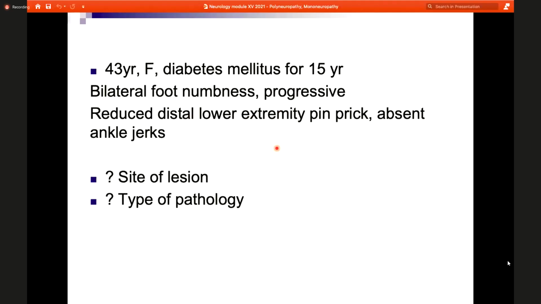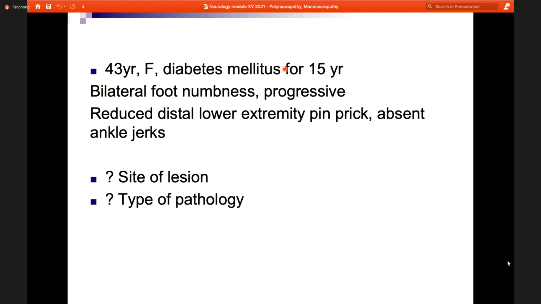Therefore, we can rule out cerebral cortical lesion on two grounds. One is the type of sensory modality lost. The other is distribution. If it is a sensory cortical lesion, unless it is, let's say, a parasagittal lesion affecting the legs, you will not get this sort of sensory involvement.